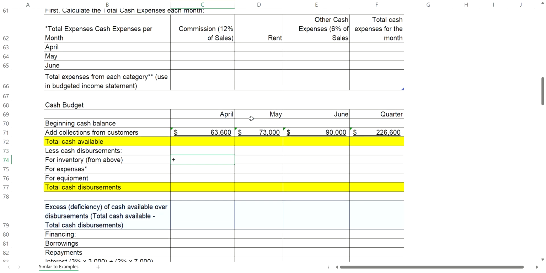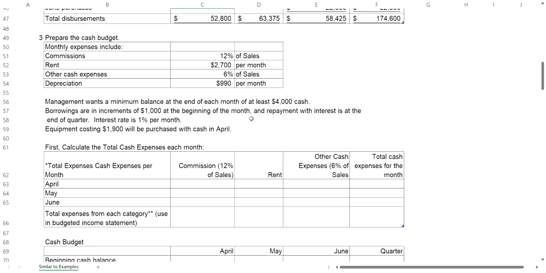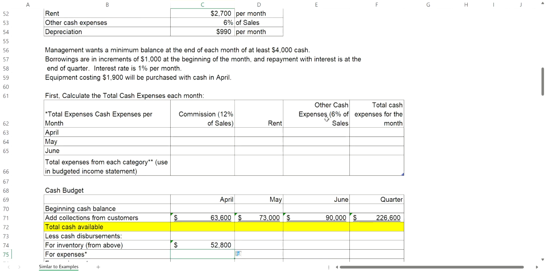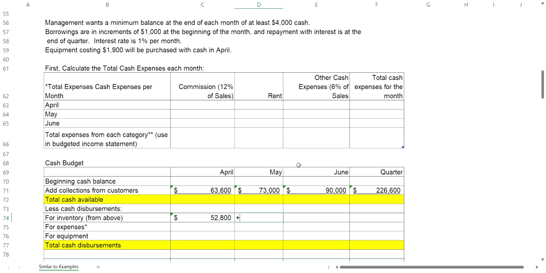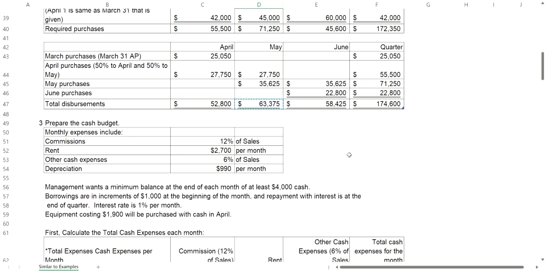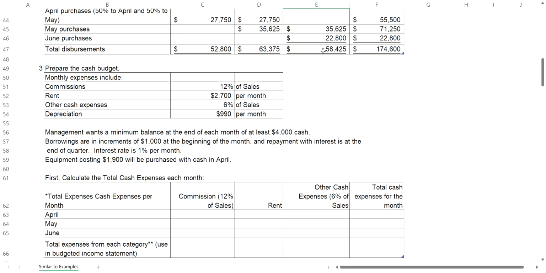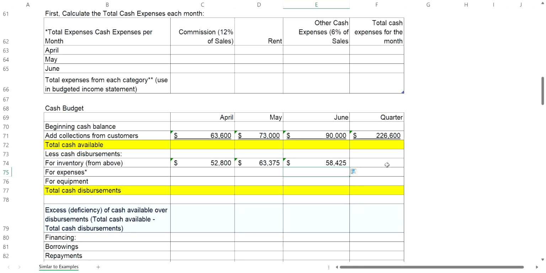So I will bring down the $52,800, the $63,375, and the $58,425. And I can just add the row again.